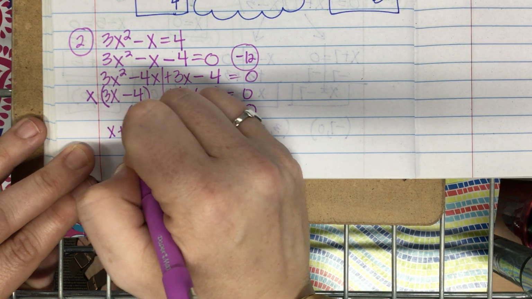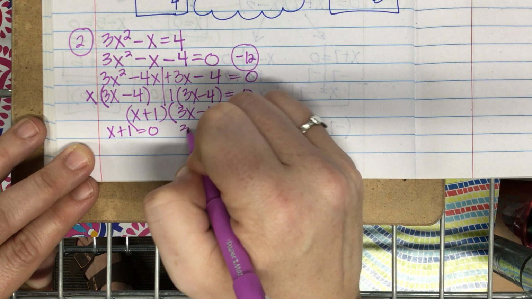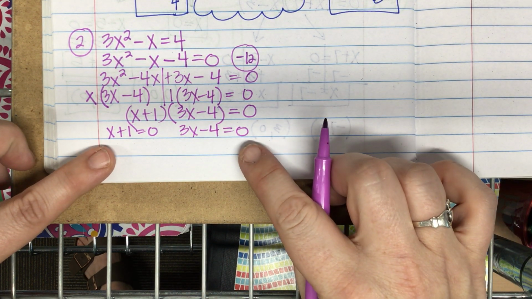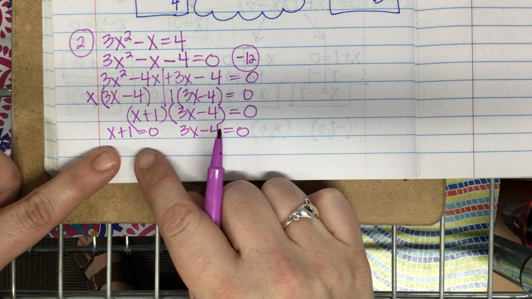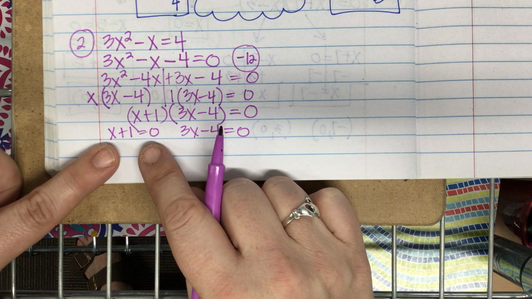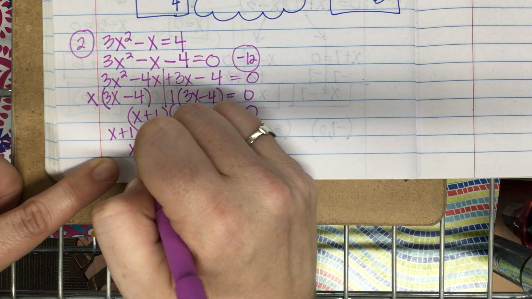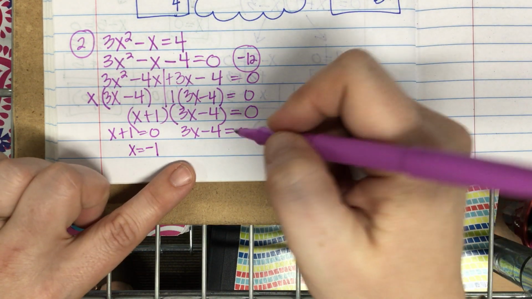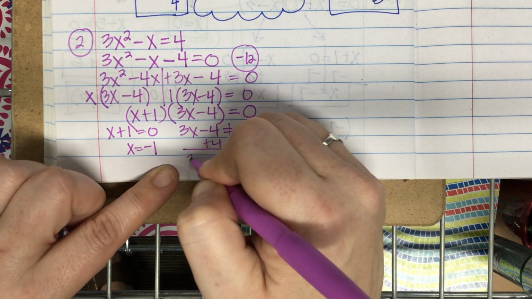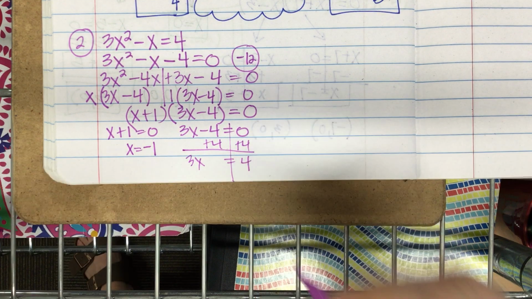I'm going to solve both. What's this guy? What does x equal here? X equals negative 1. This one, if you need to show it, plus 4, plus 4, 3x equals 4.